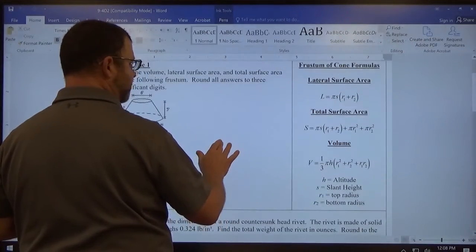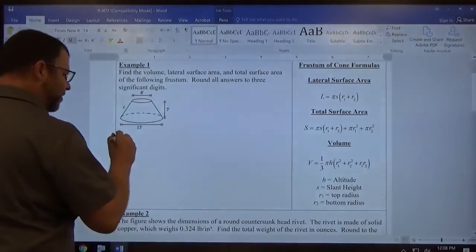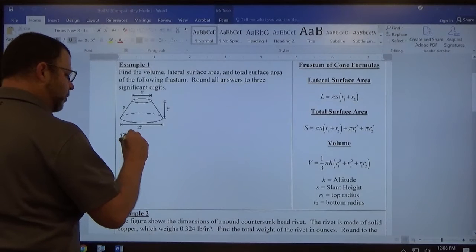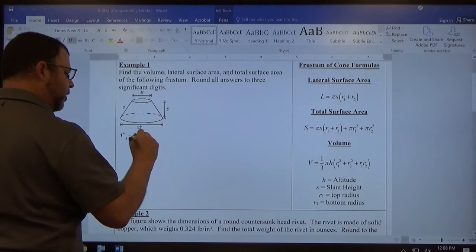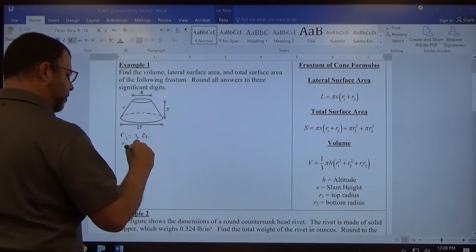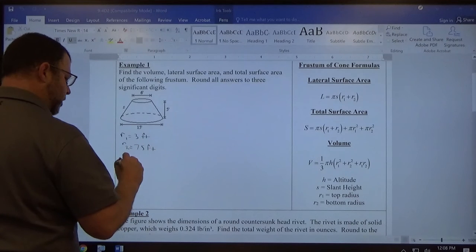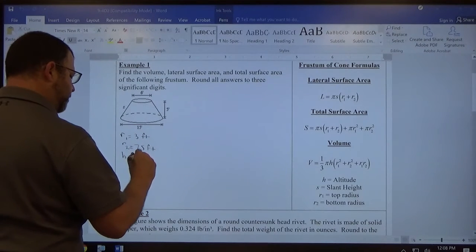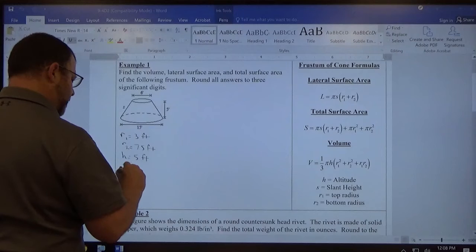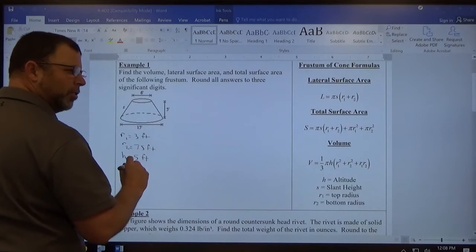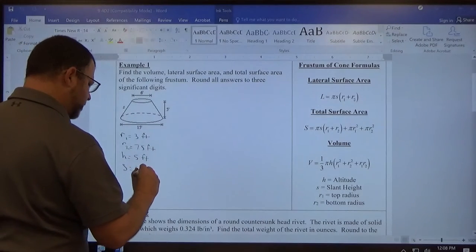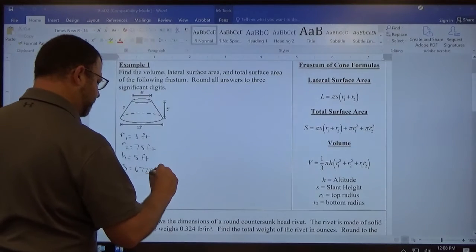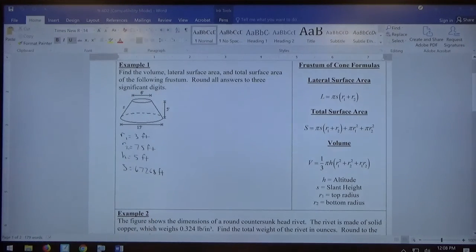I'll just finish it up here. All right, so just a reminder, R sub 1 was equal to 3 feet. R sub 2 was equal to 7.5 feet. H is equal to 5 feet. And S was 6.7268 feet. All right, that's what they had figured out already.